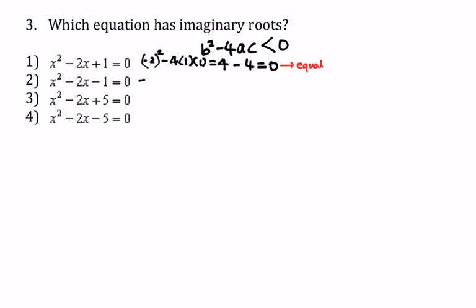Then we know that roots are equal, but not necessarily imaginary. Next, negative 2 squared minus 4, a is equal to 1, and c is equal to negative 1. Then we get 4 plus 4, which is equal to 8. Since it's not a perfect square, our answer will be irrational.